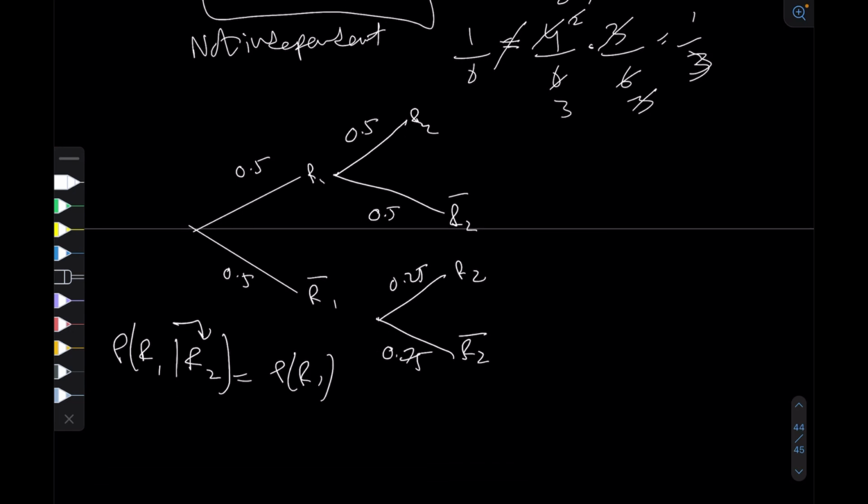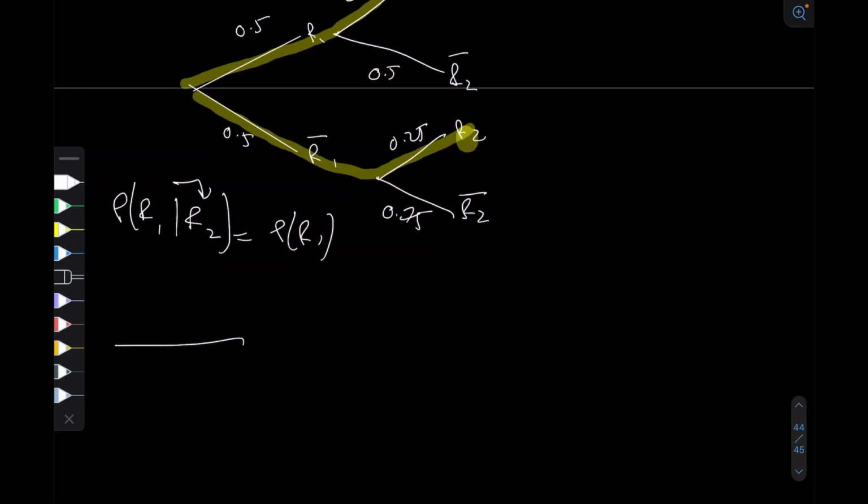So what is the probability of R1 given R2? We know that the event we are talking about will have this path, winning R1 and R2. The denominator will basically be this path, which is the probability of R2.